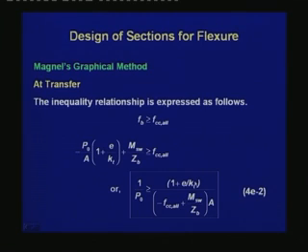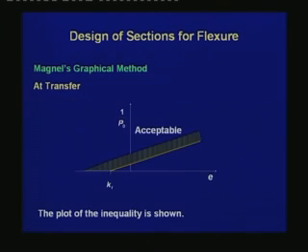And here also we see that if E is equal to minus kt, that means if the eccentricity is such that the CGS is located above CGC at the top kern point, then 1 by P0 will be equal to 0. And hence, when we plot the corresponding straight line, this straight line passes through the point where E has a negative value of minus kt, and any value above the straight line is an acceptable value.